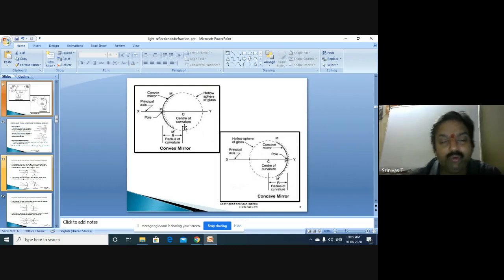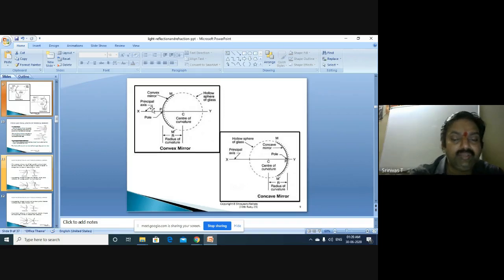Here the left portion acts as a convex mirror. Similarly, you have a concave mirror in the second diagram, wherein the outer portion is coated. So the inner portion is the reflecting surface, which means the object must be on the inner side, whereas for the convex mirror the object must be on the outer side. That's the difference we have seen.